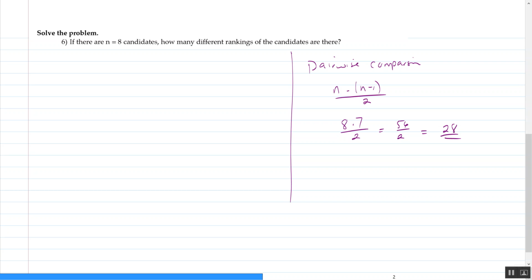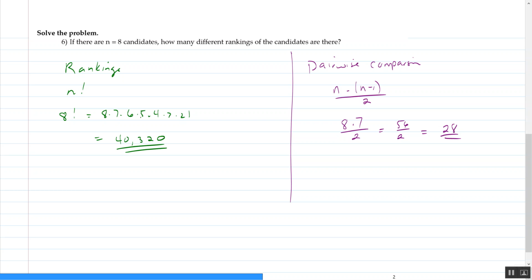Okay, so now if I want to know about all the rankings possible, looking at just rankings, that's going to be n factorial, or in this case 8 factorial, which is 8 times 7 times 6 times 5 times 4 times 3 times 2 times 1. Plugging this in our calculator, we get 40,320.